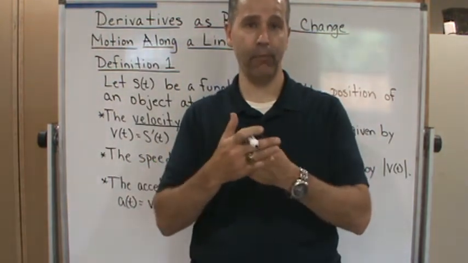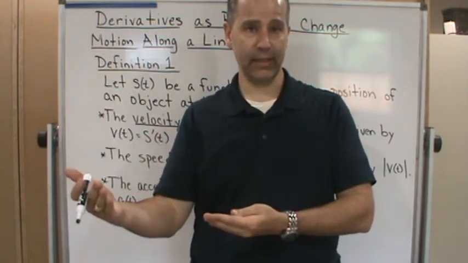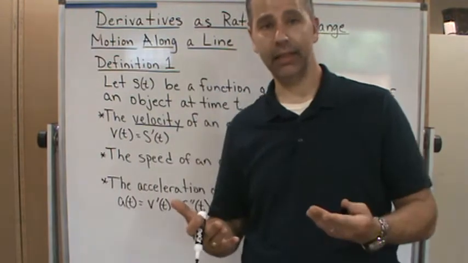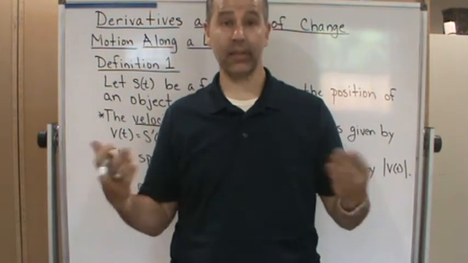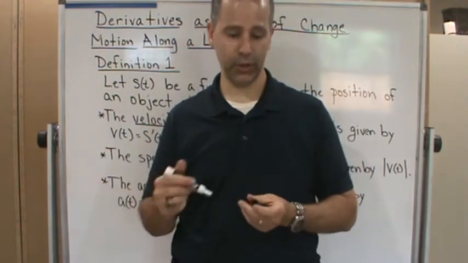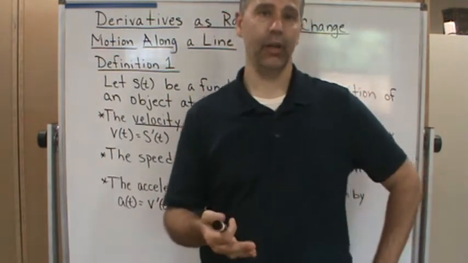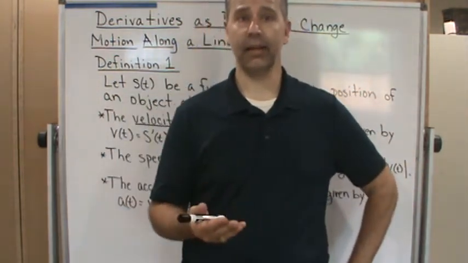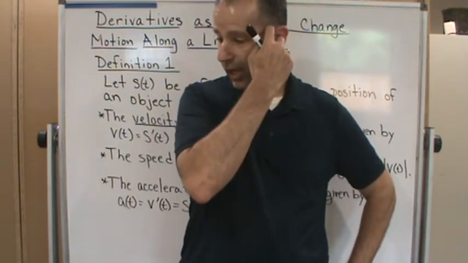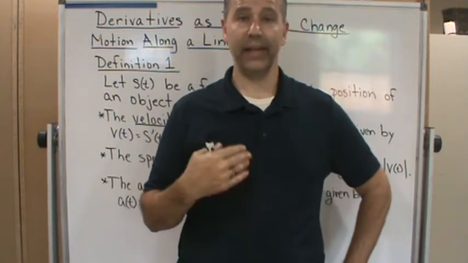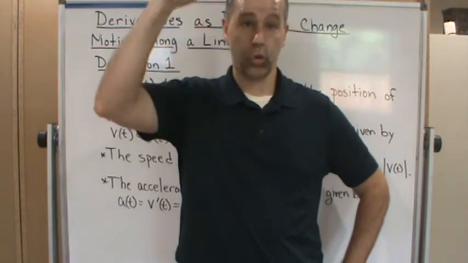If we're talking about a particle moving in a direction, we're going to be talking about velocity. But if we're talking about speed, then we're only interested in how fast the particle is moving. We don't care about the direction. So for example, if I say that a rocket is moving at negative 320 meters per second, the negative would give me the direction. If it's moving in a negative direction, we might say that it's moving towards the earth.